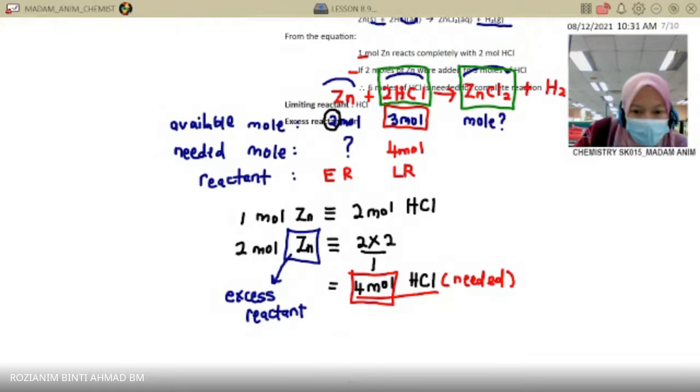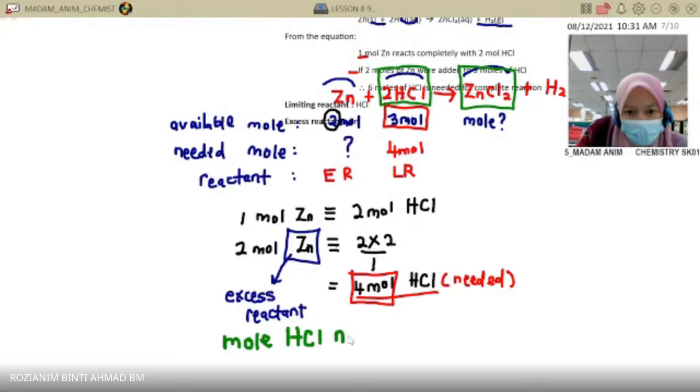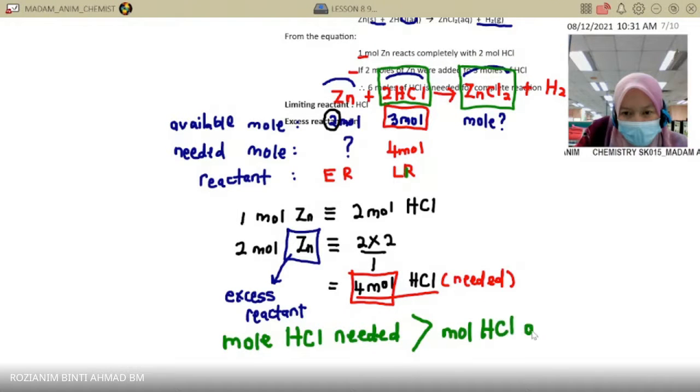You punya conclusion, you kena tulis mol hydrochloric acid needed greater or smaller than available. 3 dengan 4, greater. So, simbol dia lebih besar. Greater than mol hydrochloric acid available.